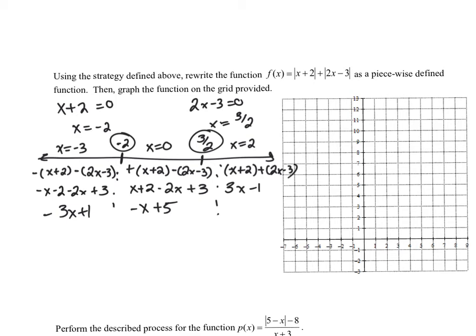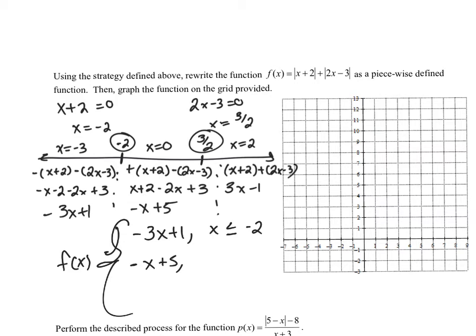So we have our first piece being -3x plus 1 when x is less than or equal to -2, and then we have -x plus 5 when x is between -2 and 3/2.